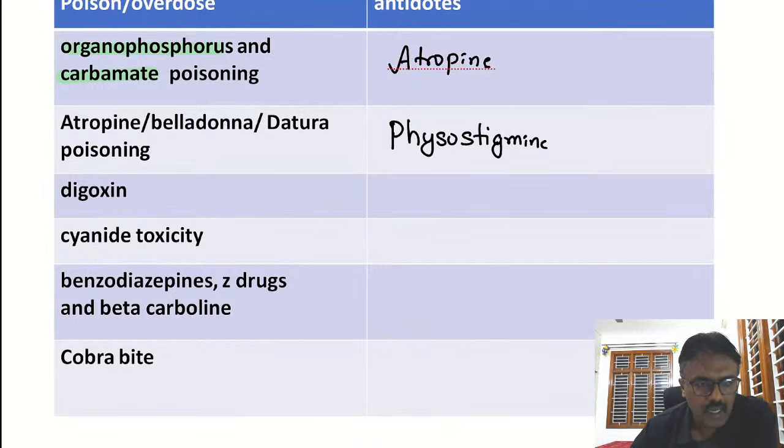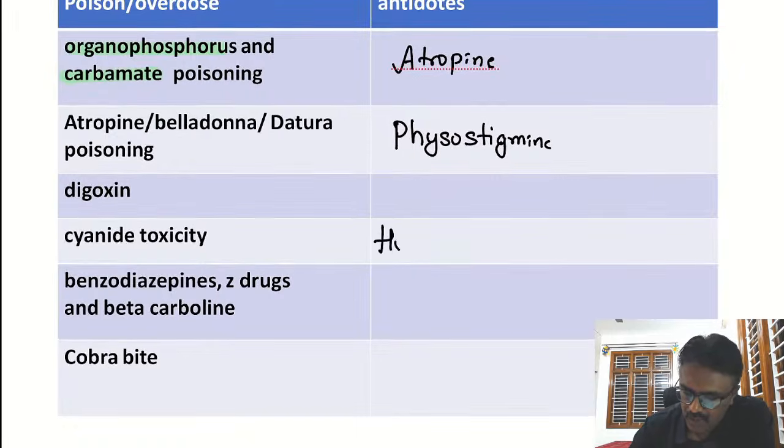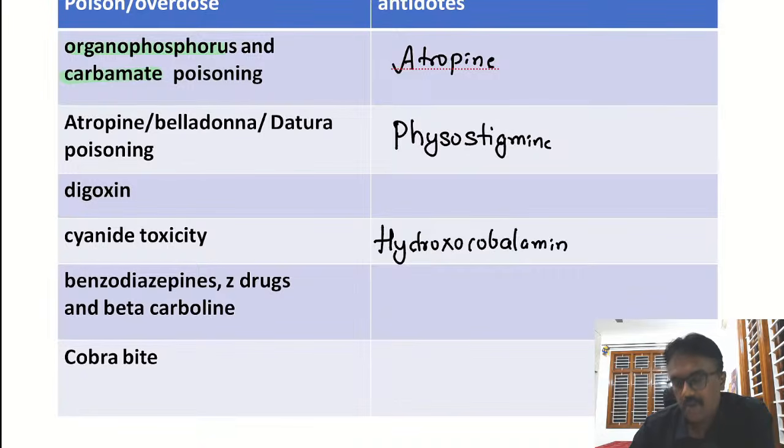Yes, Sai Krishna, naltrexone is oral. What we give is naloxone. Digoxin, I told you plenty of times. Cyanide, we use hydroxocobalamin. Benzodiazepine, Z drug and beta carboline, we use a drug flumazenil.